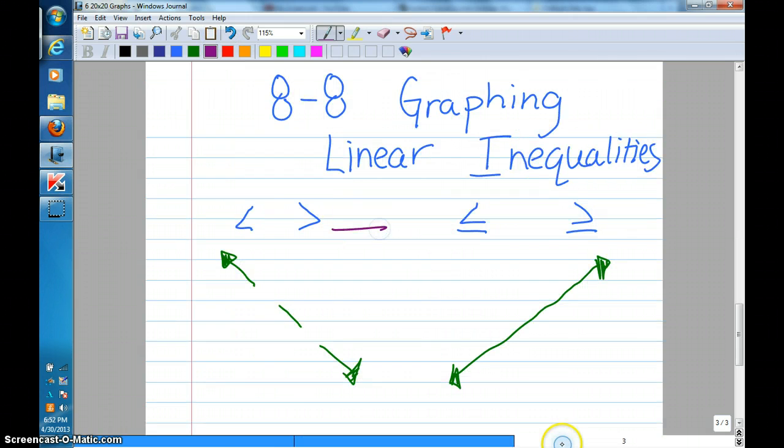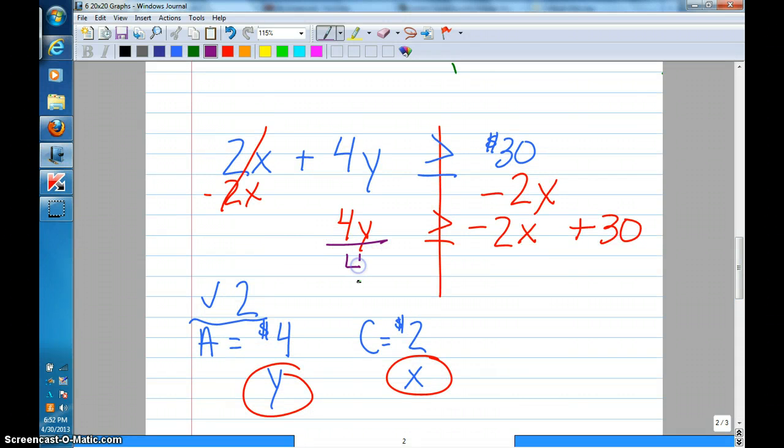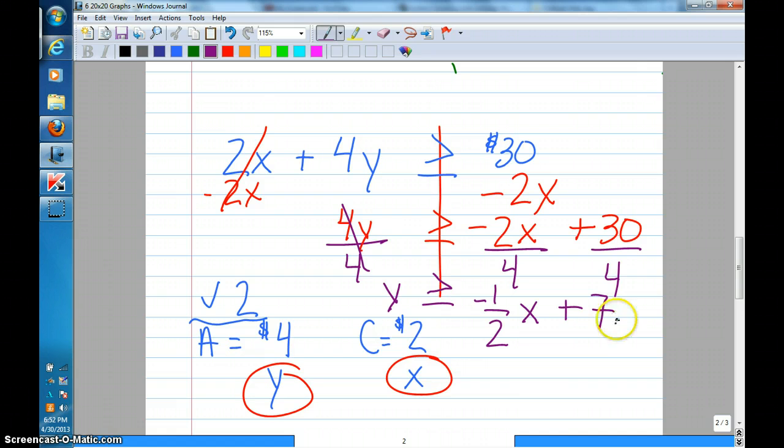So I got to divide both sides by 4. Divide this by 4, divide this by 4. So again, I have y is greater than or equal to negative 1/2 x plus 7.5. So this is what I'm going to graph here.